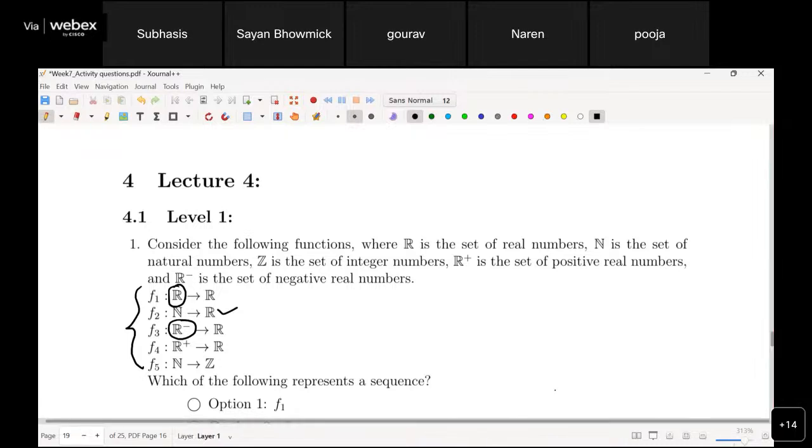Since this is a map from N to Z, I can also consider it as a function from N to R, because Z is a subset of R. So I can consider F5 as a function from natural numbers to R. In that case, F2 and F5 basically represent a sequence.